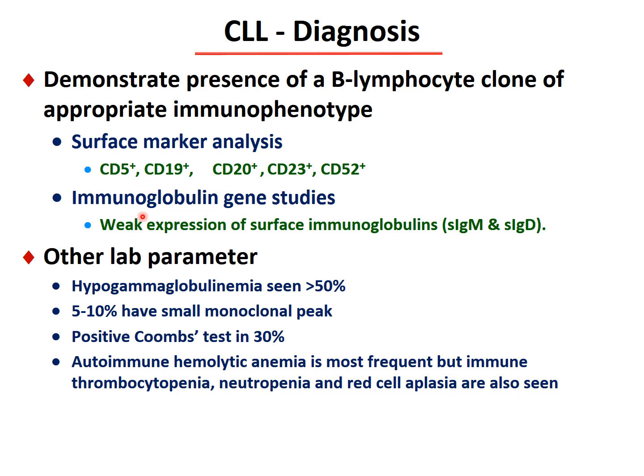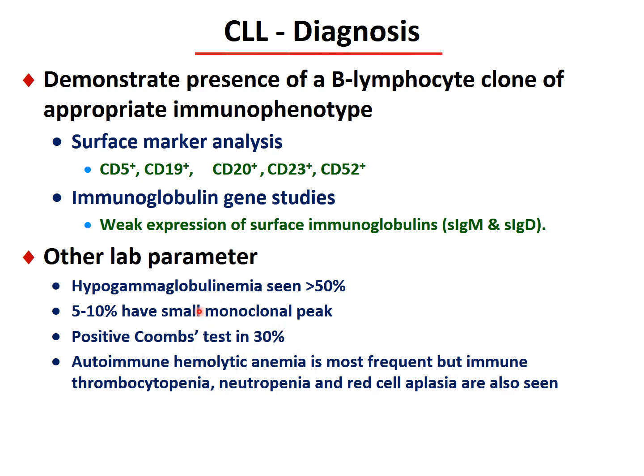After that, immunoglobulin gene studies, for example, are checked, or other lab parameters should be detected. For example, autoimmune hemolysis is a very common one in these patients. So sometimes a hemolysis or an anemia, the first sign of autoimmune hemolytic anemia, can direct you to the CLL.